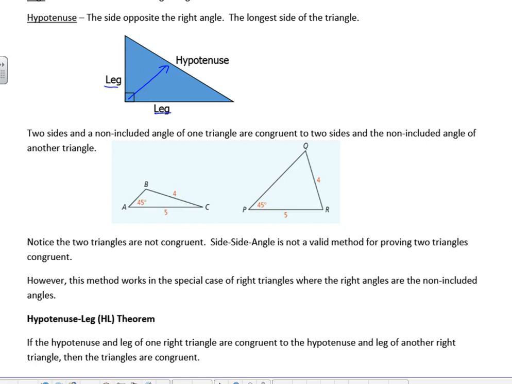We call this the donkey theorem, because there's an angle and then two sides: angle, side, side, or side, side, angle. That doesn't work, and this picture shows the two triangles are not congruent, so this is not a valid method.